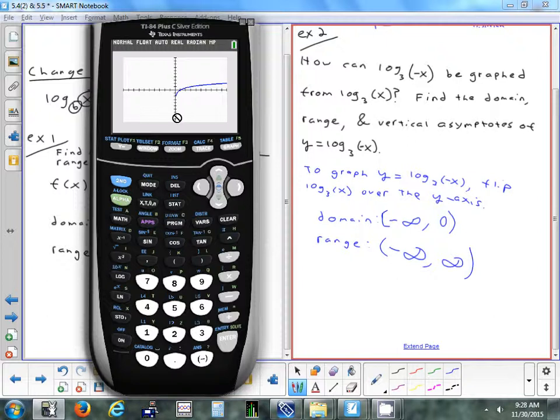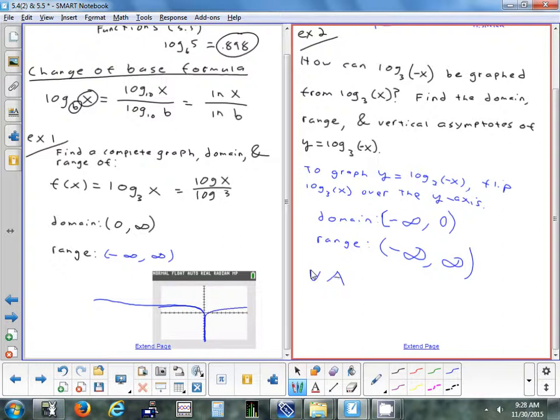So the vertical asymptote is still x equals 0. And there are no horizontal asymptotes here because it's going to go up forever. It's not like it's going to level off and stop. It just keeps going up. Any questions on that? All right.